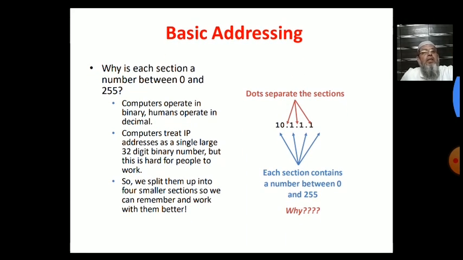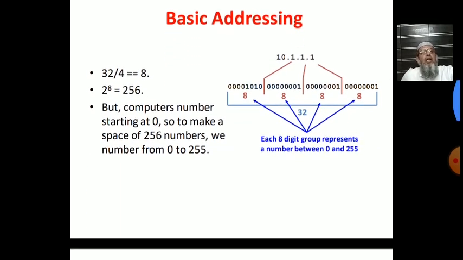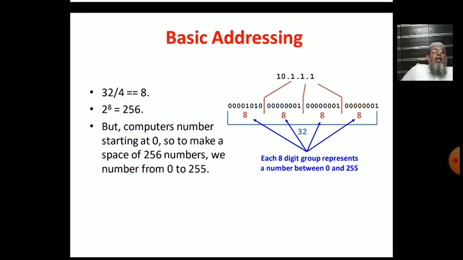Why does it keep only 0 to 255? What's the reason behind this? As we know, it's a 32-bit address, separated into 4 octets. One octet means 8 bits. Here you can see 8 bits represent one octet, and all 4 octets comprise the 32 bits.